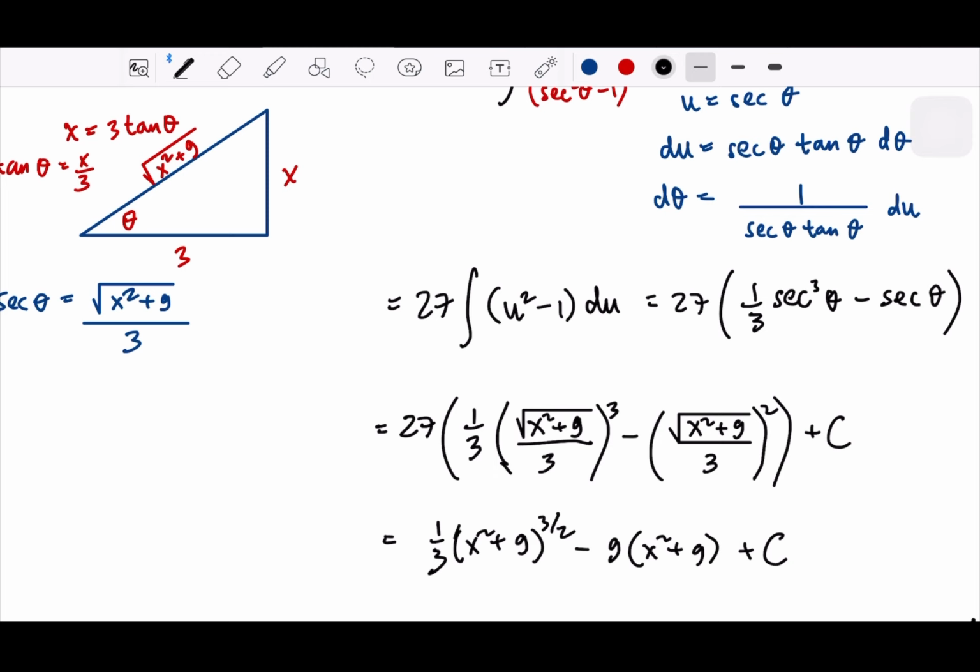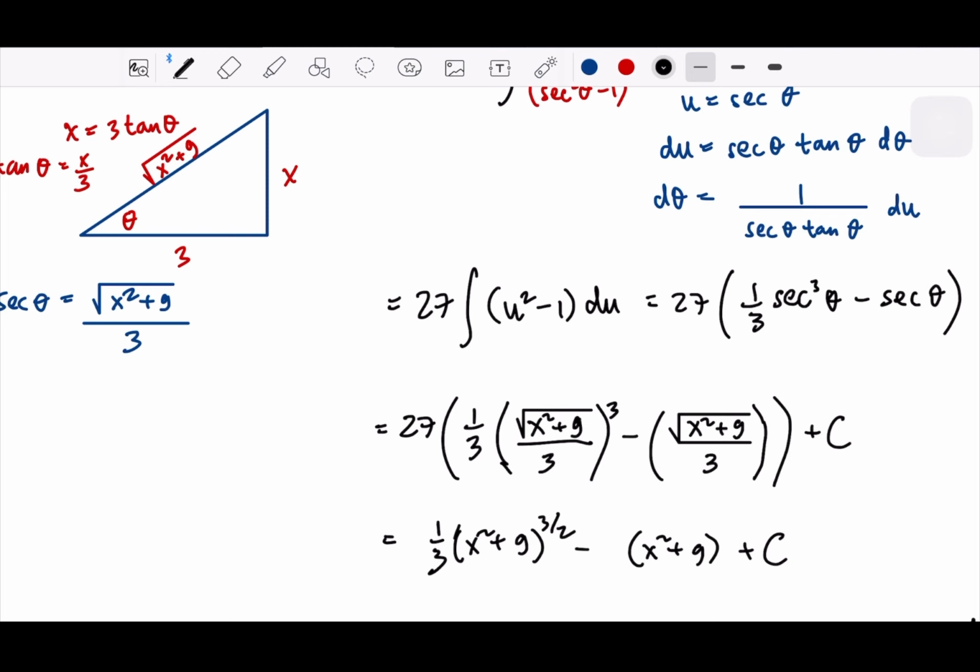No, I think it's 3, right? No 3 in the first one. The first one, yeah. 27. Oh, no, it's not squared here. Wait, not squared here. And then this one is correct, right? The left one.